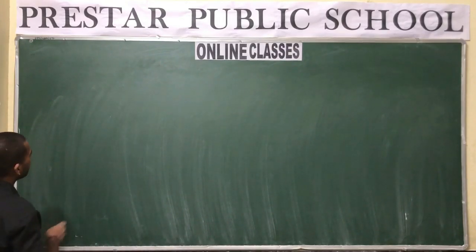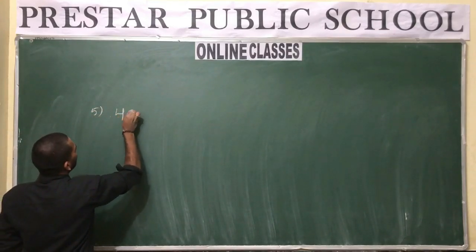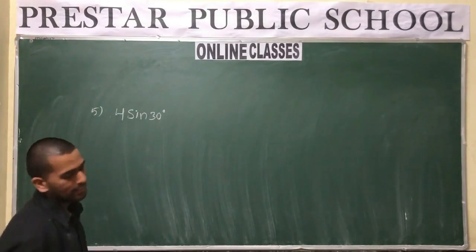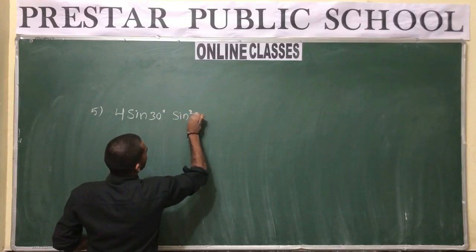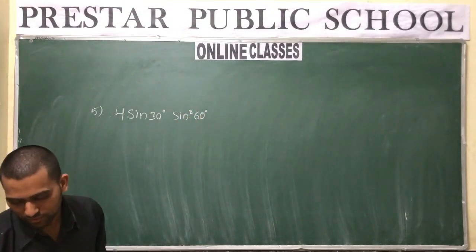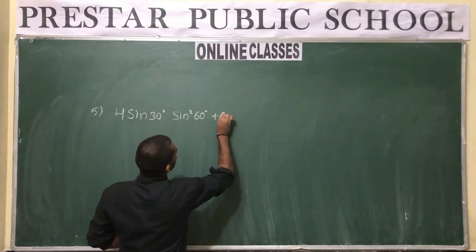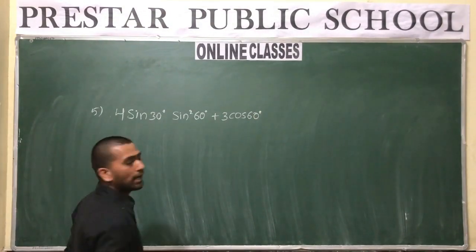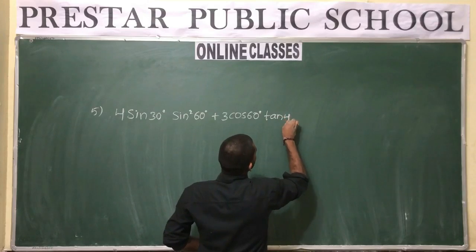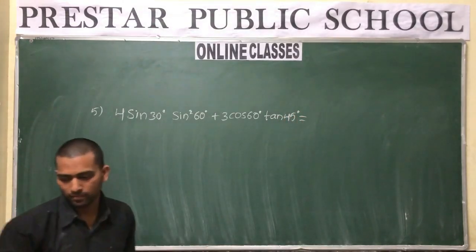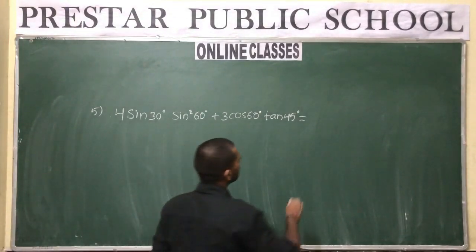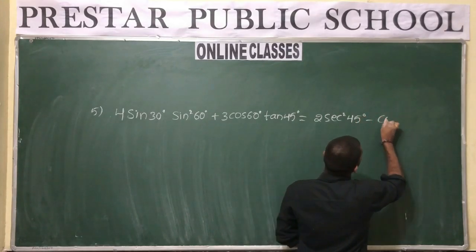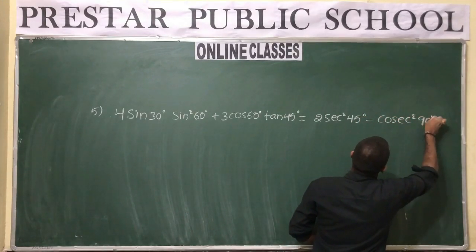This problem: 4 sin 30 sin square 60 plus 3 cos 60 tan 45 is equal to 2 secant square 45 minus cosecant square 90.